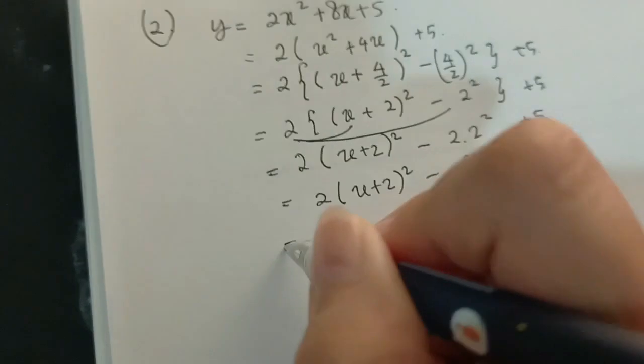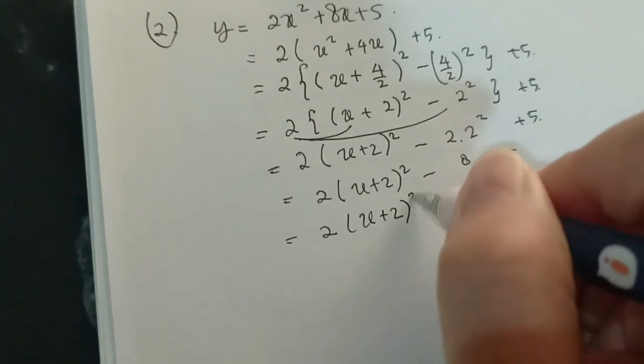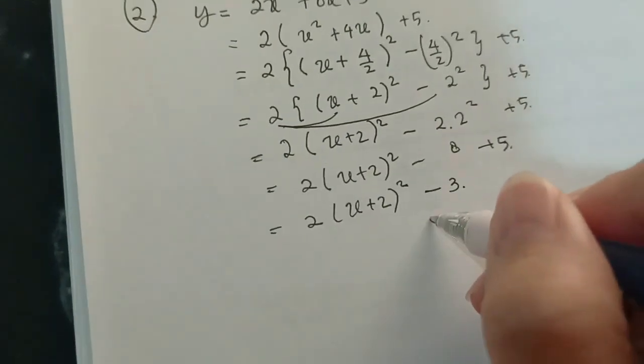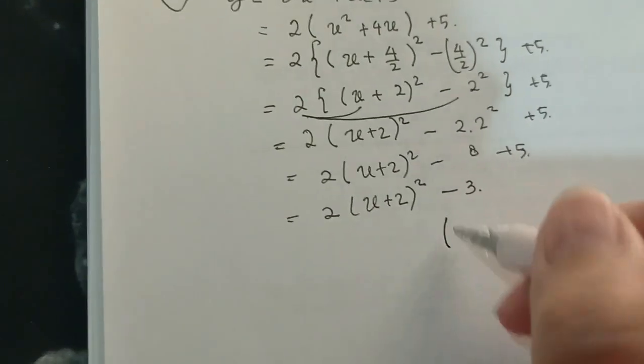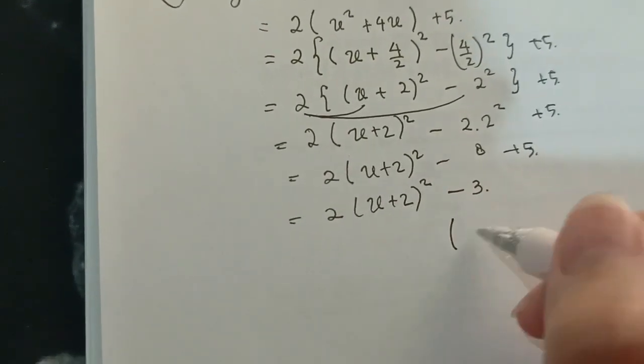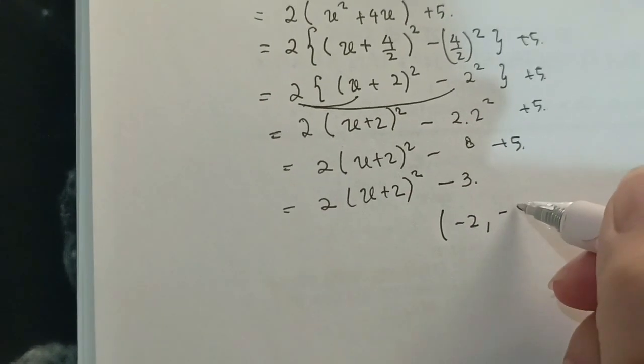So 2(x + 2)² - 3. So the vertex x is minus 2, the y is minus 3.